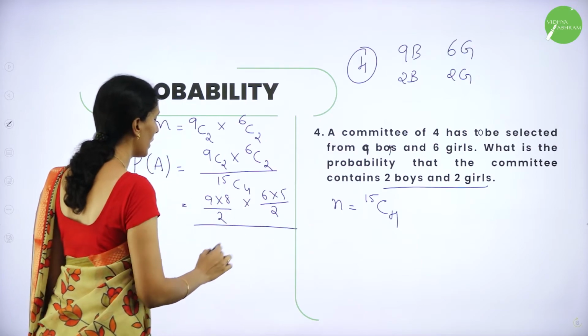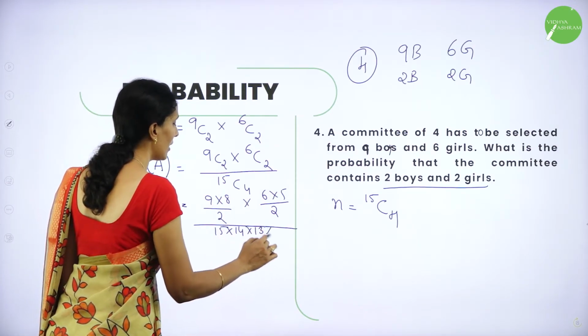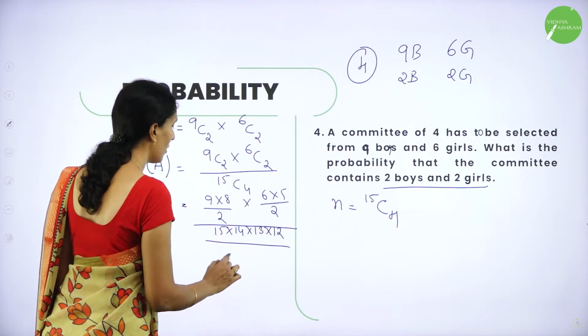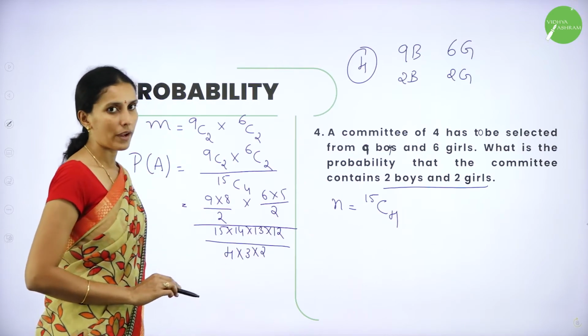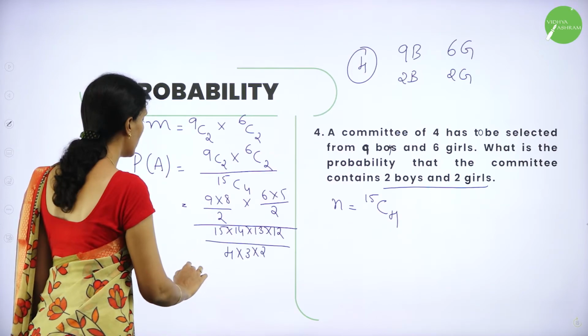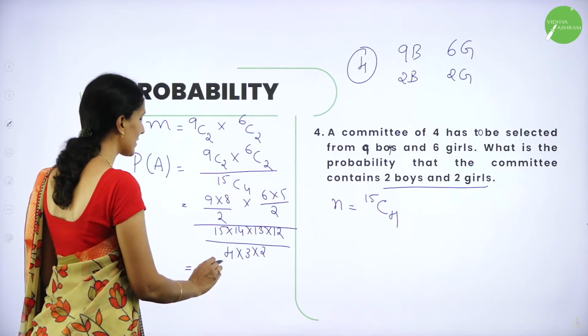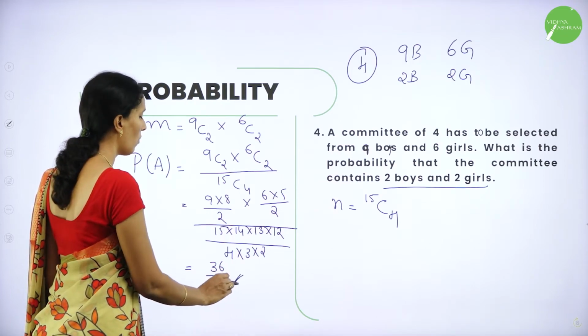And the combination 4, 15, 14, 13 into 12 divided by 4 into 3 into 2 into 1. On calculating this, we will get 36 divided by 91. So this is what I will get.